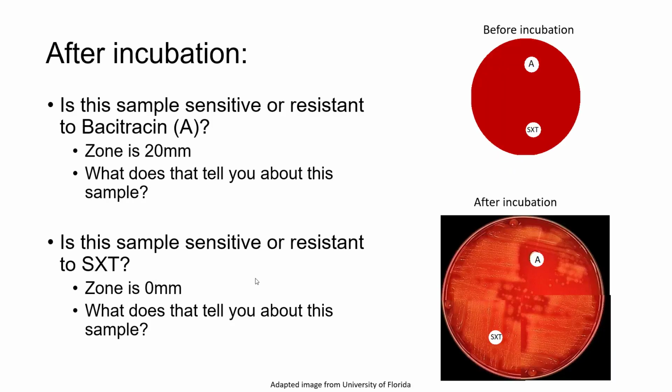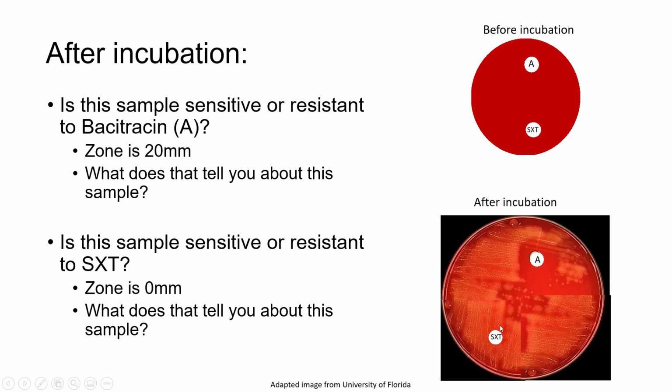So let's say that you did that, and this little disc A represents the bacitracin, and this is the SXT. So let's say these were your results. On the bacitracin, you do see a good zone of inhibition, 20 millimeters, and that's going to be enough to mean that your sample is sensitive to the bacitracin.